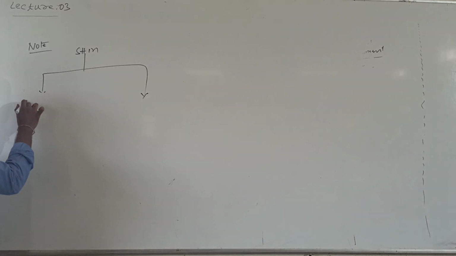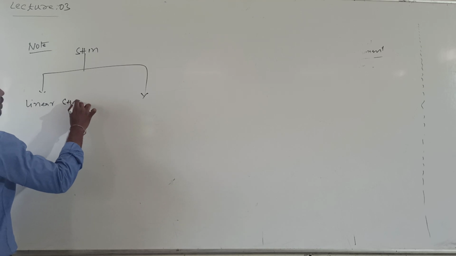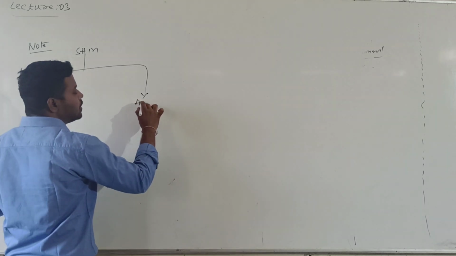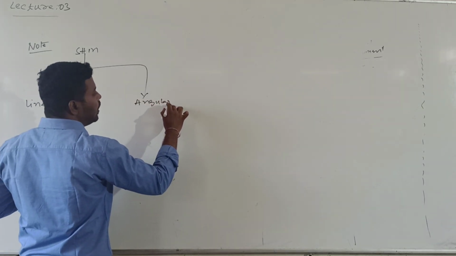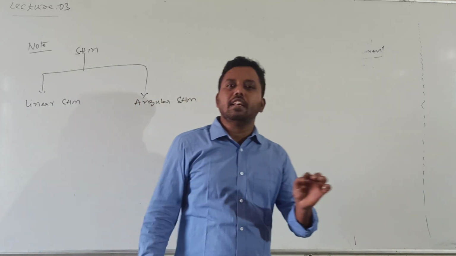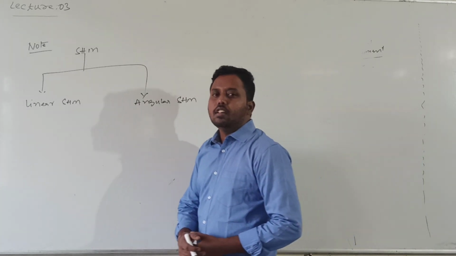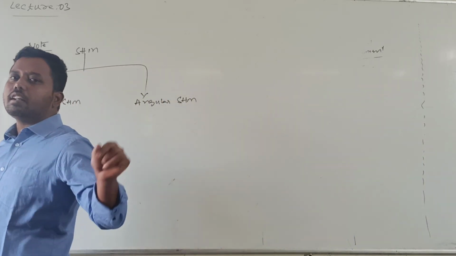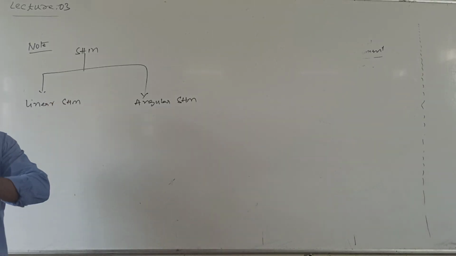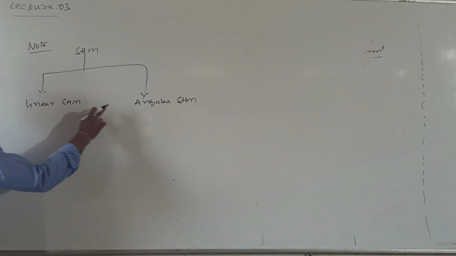One is linear SHM and one more is angular SHM. When a particle executes linear SHM, it moves in a straight line to and fro, whereas a particle executing angular SHM executes rotational motion, but to and fro. That is the major difference between linear SHM and angular SHM.